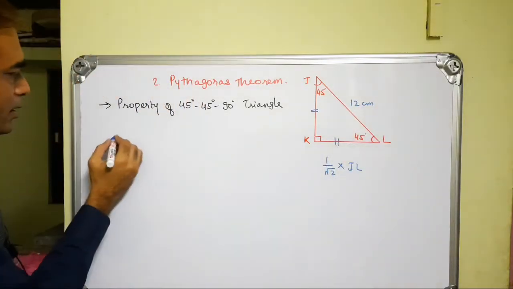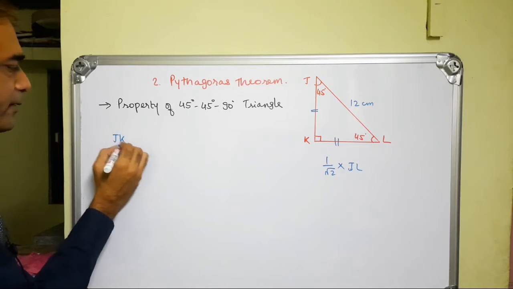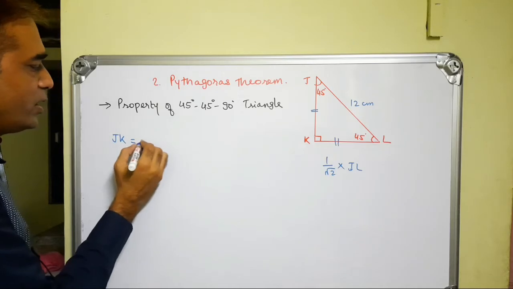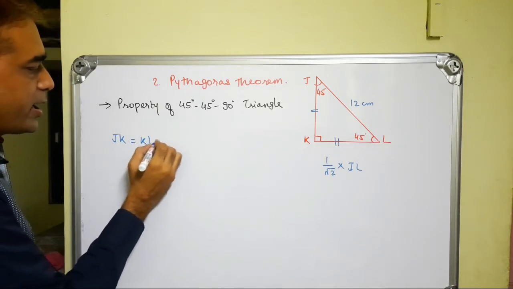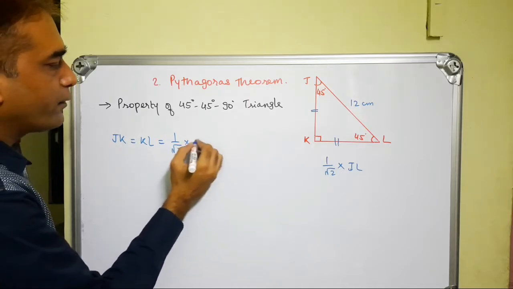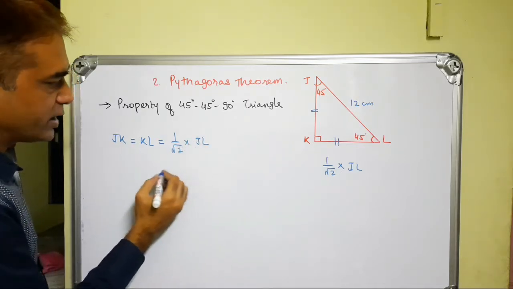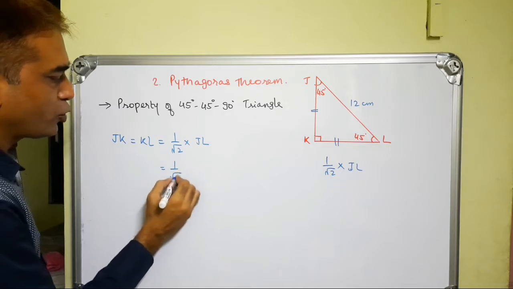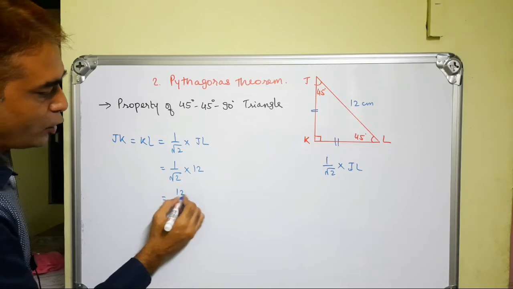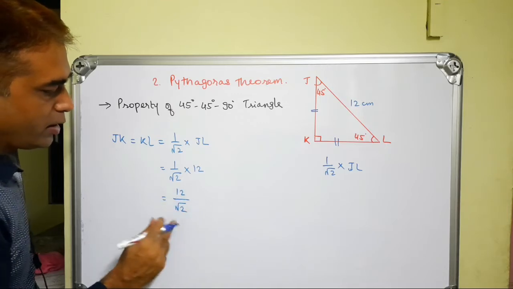So here sides JK and KL, both perpendicular sides, are equal. Side JK and KL equals 1 upon root 2 times this hypotenuse JL, equals 1 upon root 2 into 12, and this is 12 upon root 2.